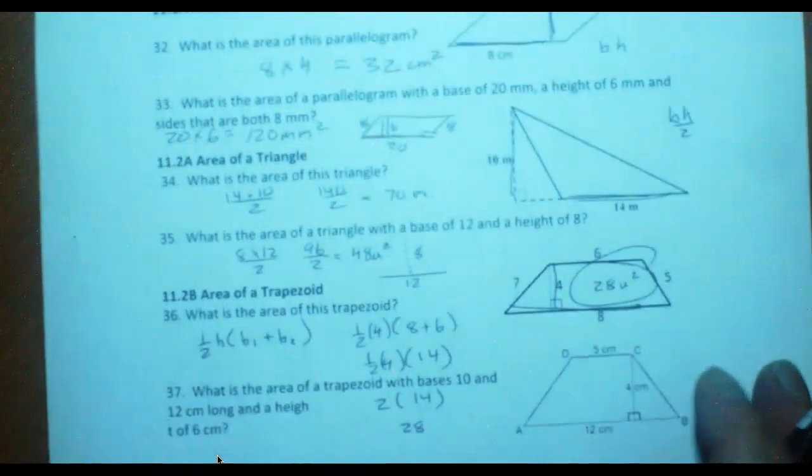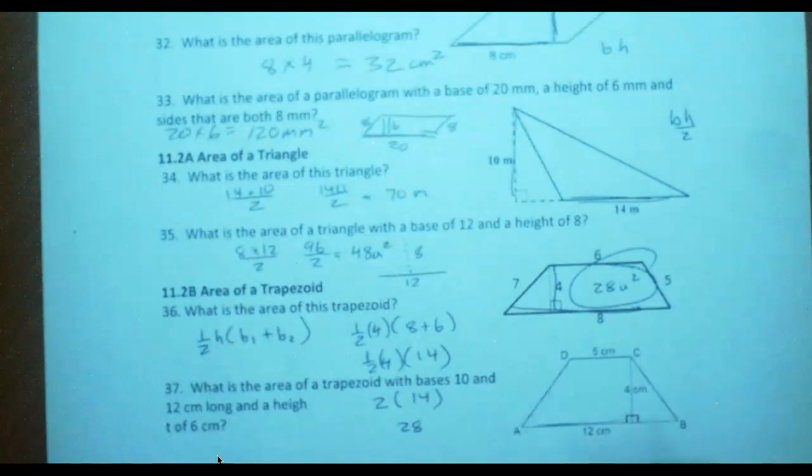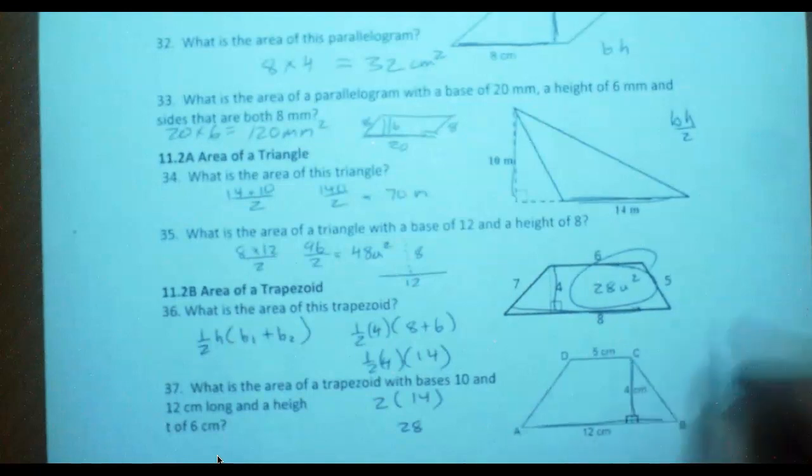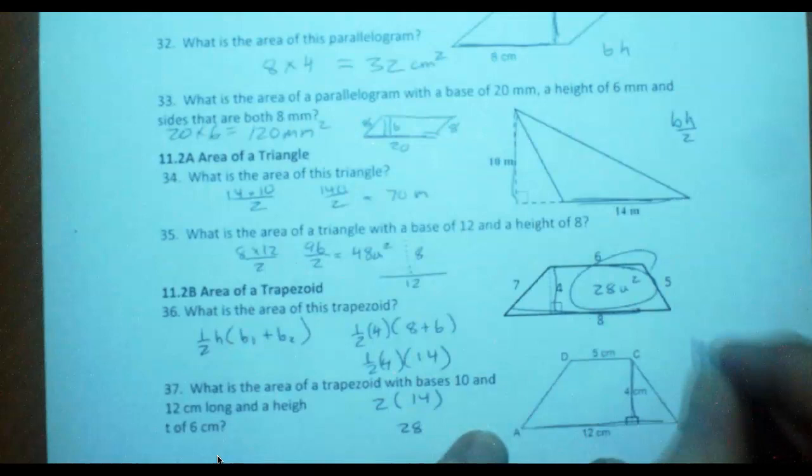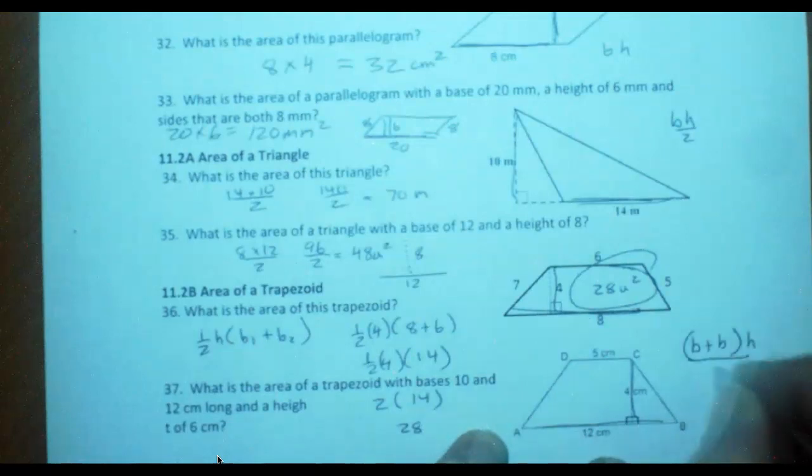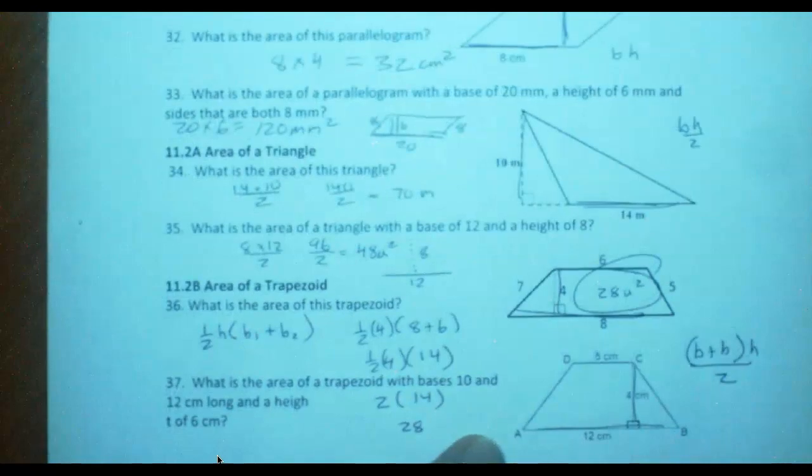All right, here's another way of solving this, if you like it better. You can use this formula. You can take the base plus the base times the height and divide it by 2. It's just kind of going backwards. I like it because I can do it on a calculator easier. So here, this is 12 plus 5.